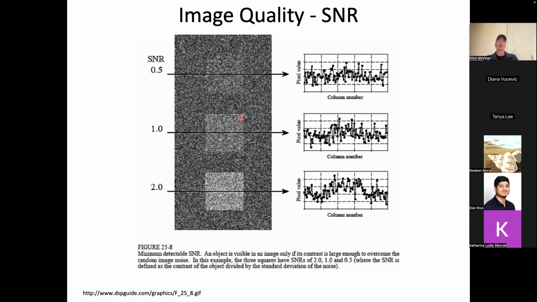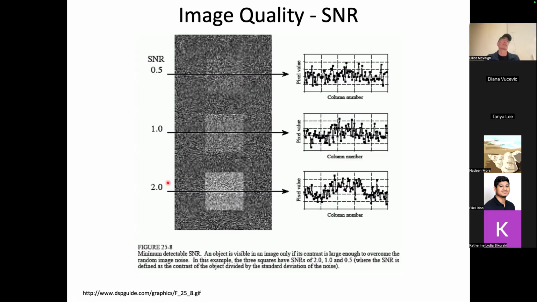If you have a big square, you can see it because your brain averages over that field, right? So you can see it. 2 looks like this. A half looks like this. So, we're way, way down. In radiology, basically the threshold for signal to noise that a radiologist or any human is comfortable using is 5.